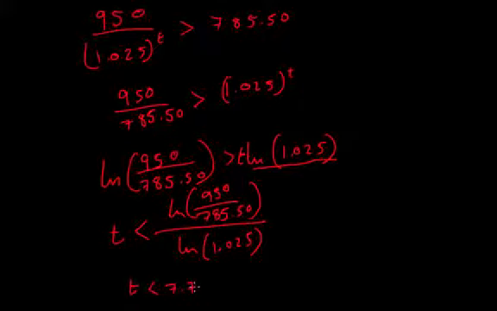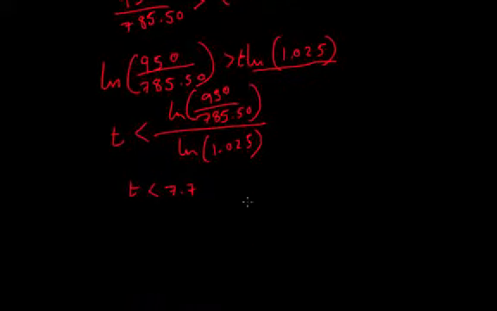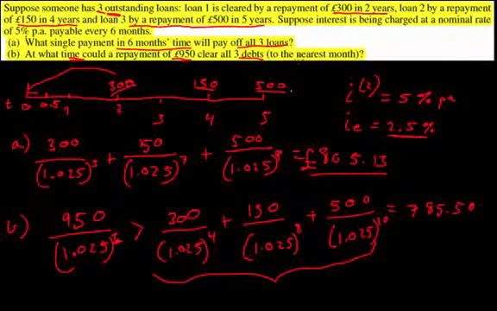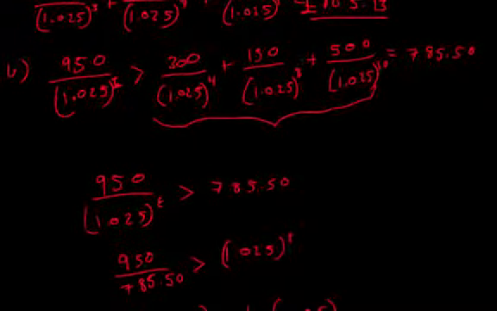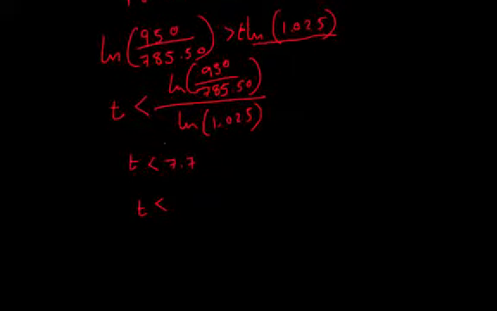So what exactly does that mean? Well, that's 7.7 half years. So t is actually going to be less than the actual amount of months that we want, because that's what the question asked for, to the nearest month. So to find out the nearest month, because that's 7.7 half years, we'll just say it's got to be less than 7.7 times 6, which is going to be roughly 42 point something.